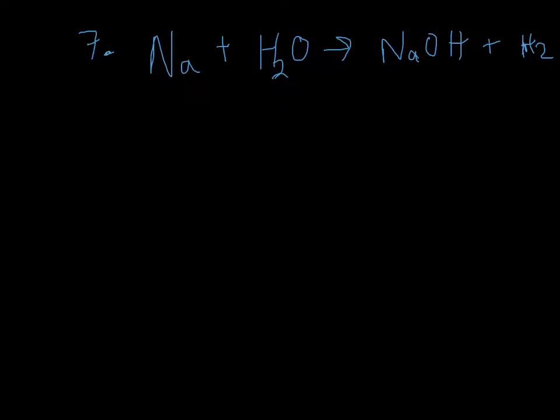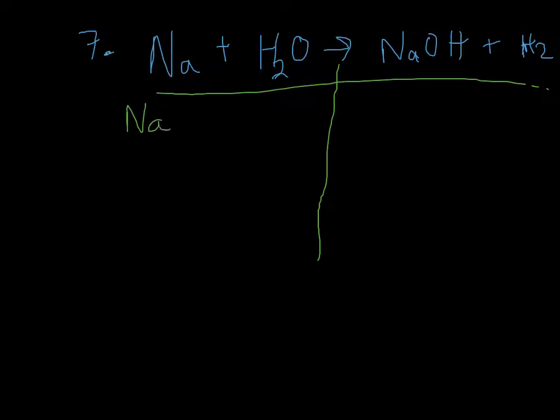Now I'm going to balance number 7, which is sodium plus water equals sodium hydroxide plus hydrogen gas. And so I'm going to break it into the ins and the outs. What you start with is what you have to end with, counting-wise. They're not in the same order, though, because it's a chemical reaction.